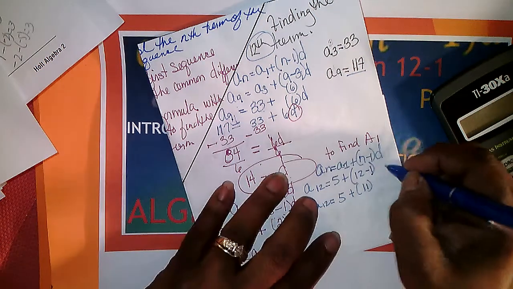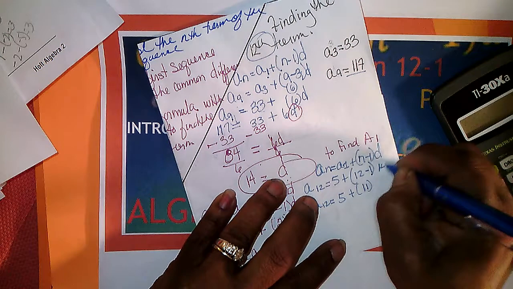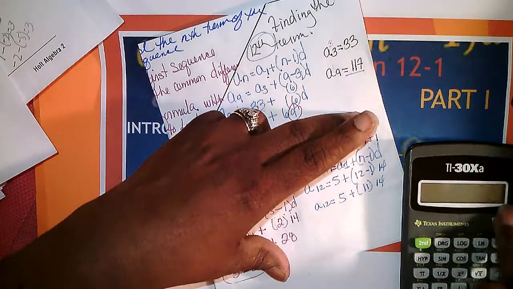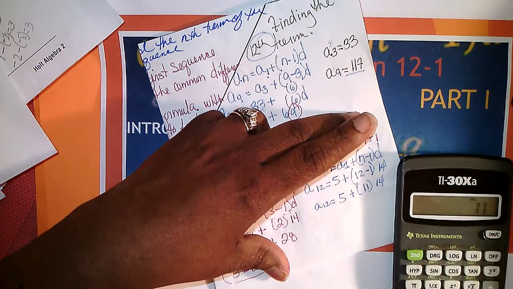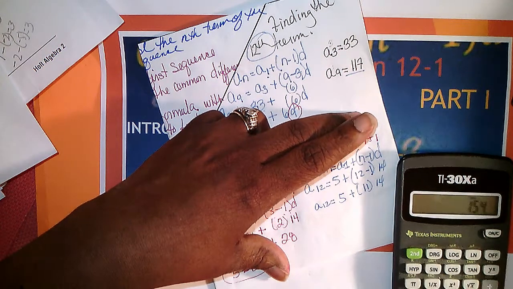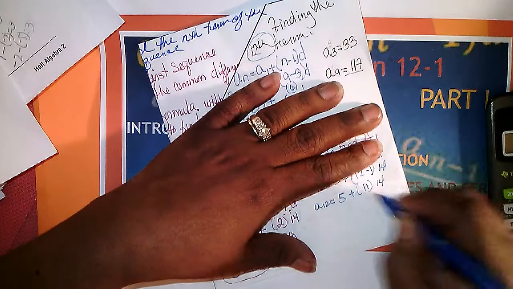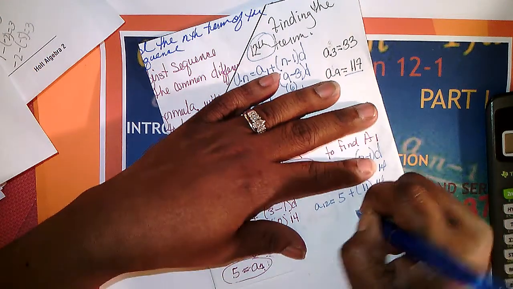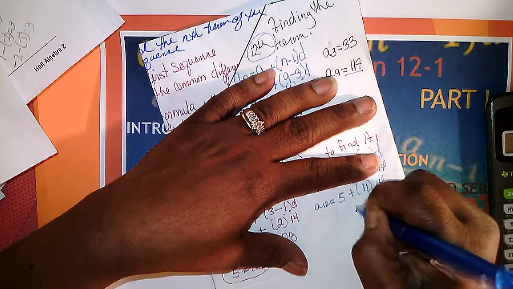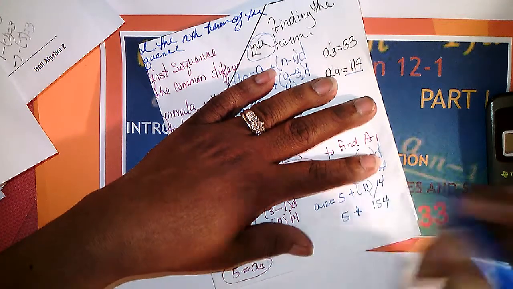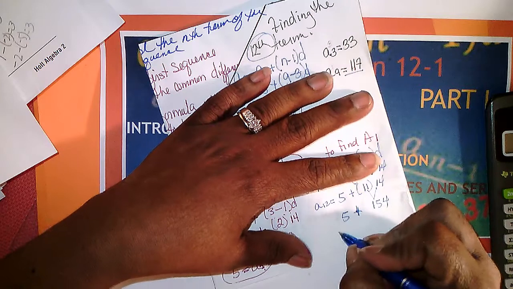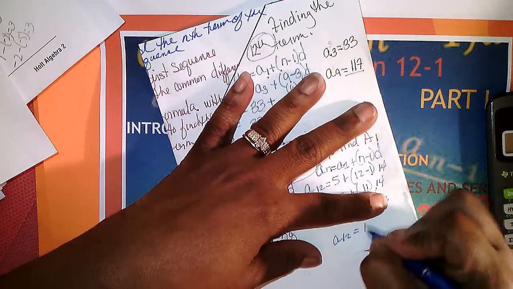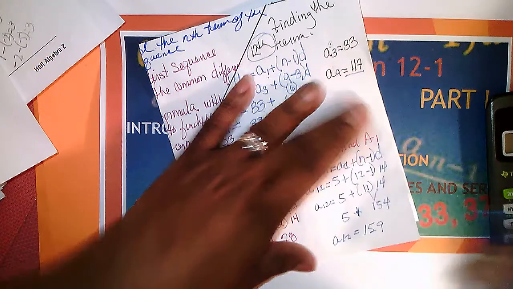Because the common difference is 14, 11 times 14 equals 154, plus 5 will equal a12 equals 159.